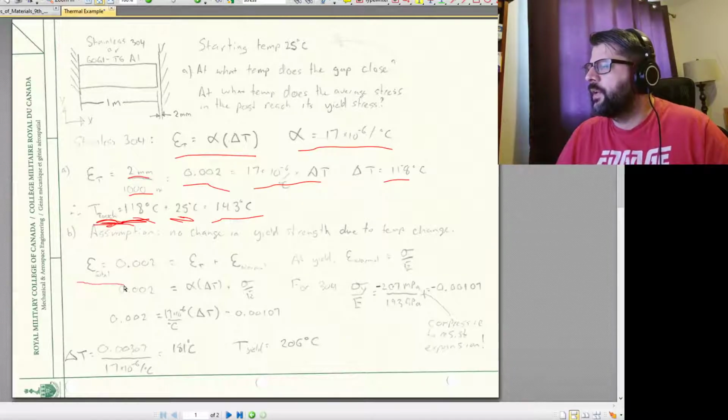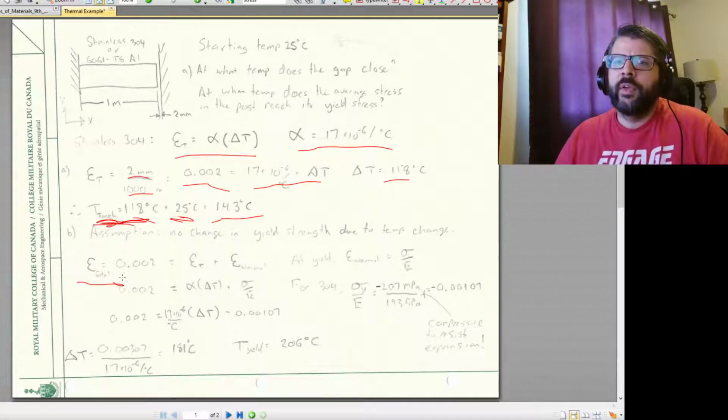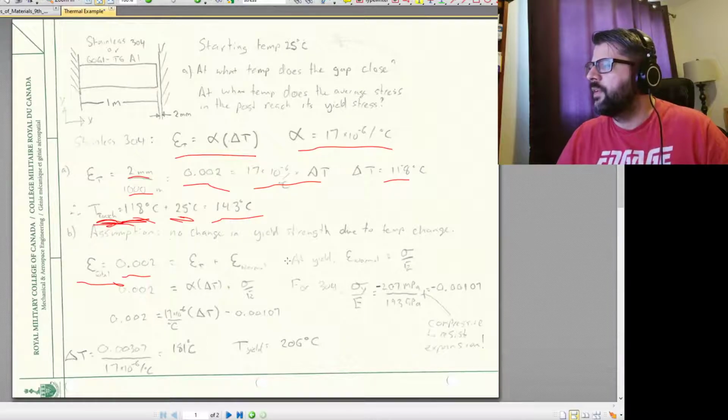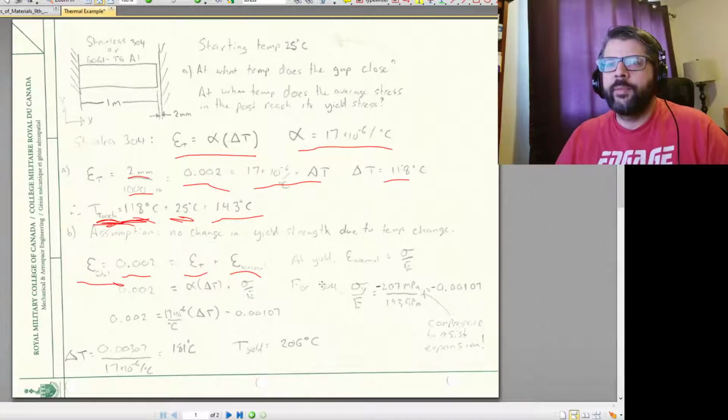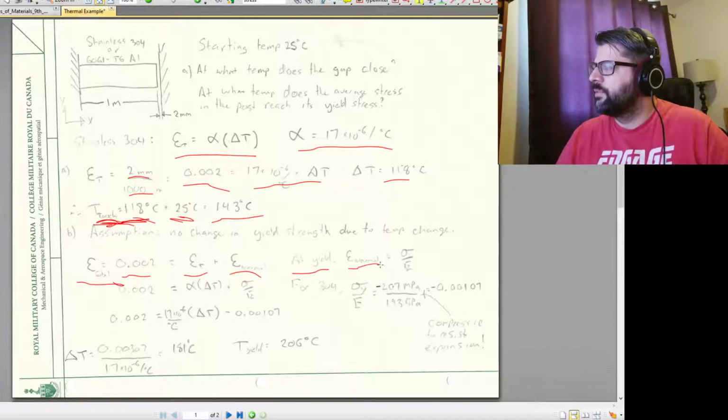So we know that the total strain is going to be equal to that enough to close the gap, and it's not going to move past that. So that'll be equal to the thermal strain plus the normal strain. If we're working here at yield, the normal strain is just going to be equal to the yield stress divided by its Young's modulus.